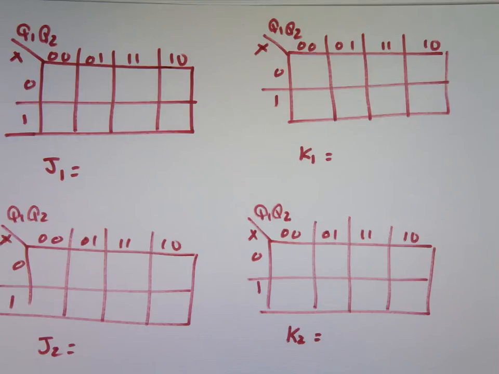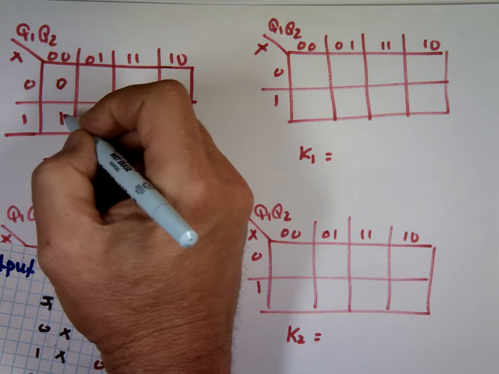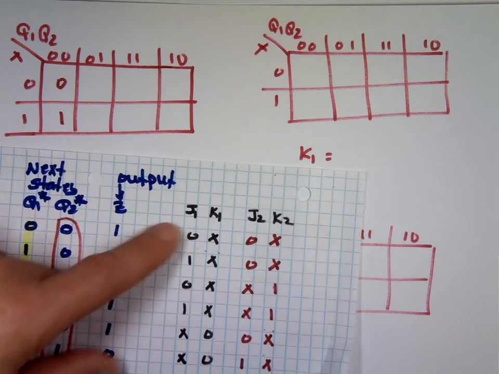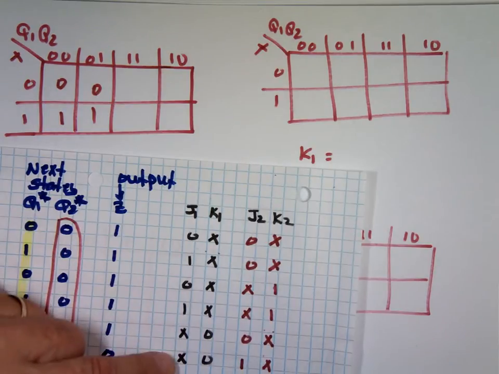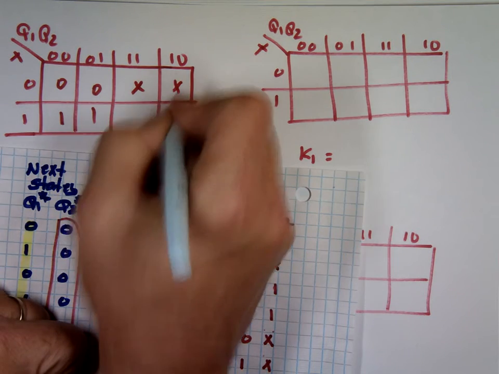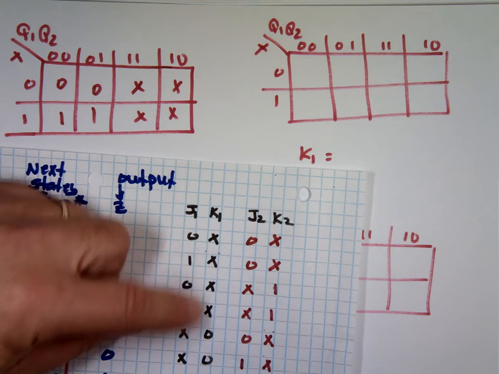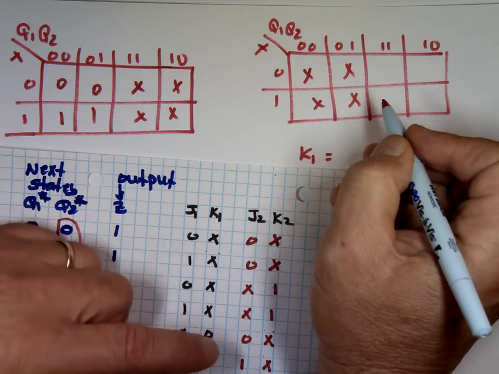And let's go back and fill them in. J1, 0, 1. That's the J. I'm doing the J. 0, 1, 0, 1. Don't care, don't care, don't care, don't care. K1, don't care, don't care, don't care, don't care. 4 of them. 0, 0, 1, 1.